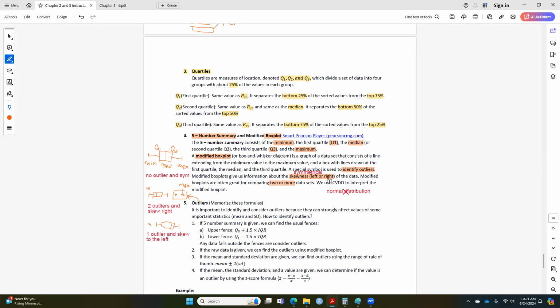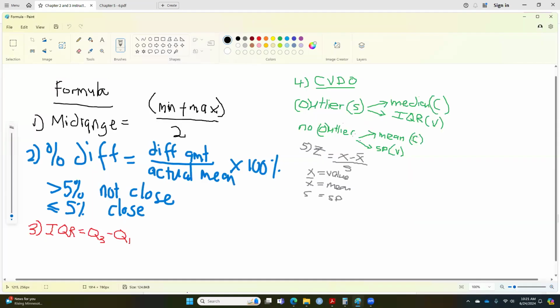Make sure that every time you interpret your box plot, you interpret it using CVDO. How we interpret using CVDO is right here in green on the formula sheet. Every time you hear the word CVDO, this is how we interpret it. So I'm going to put it down here: interpret.